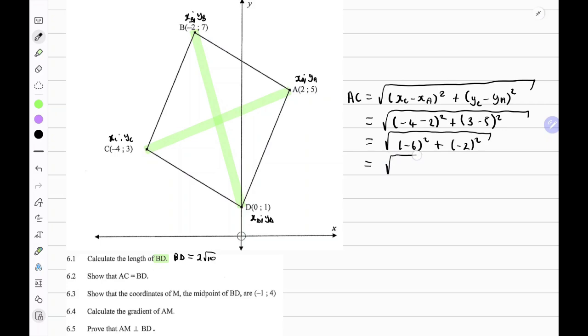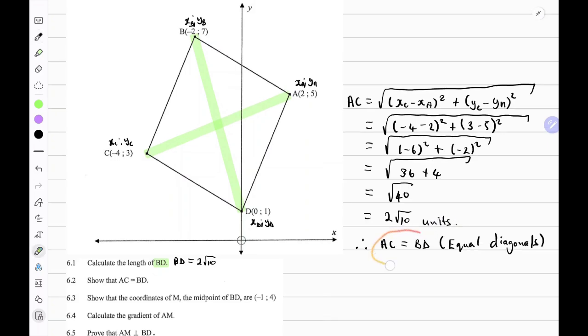So this is equals to square root of 36 plus 4, which is equals to the square root of 40, which is equals to 2 root 10 units. So therefore AC is equals to BD, and therefore the diagonals are equal.